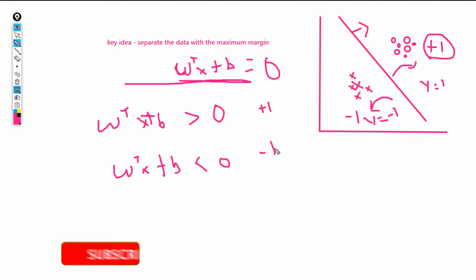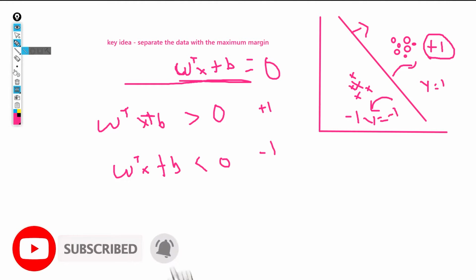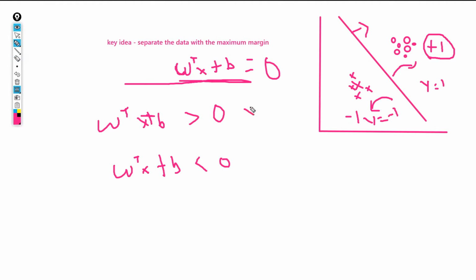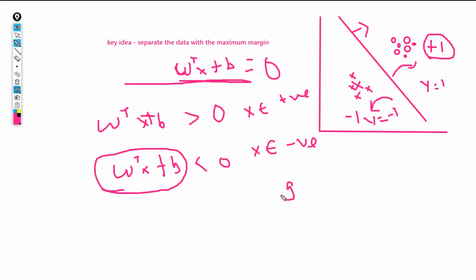If we have a value greater than 0, it means that our x belongs to a positive class. And if it is less than 0, then it means that our x belongs to a negative class. Now we are going to pass this value into a function. Let's say that function is g. We pass w transpose x plus b into it, and this function is going to give us the main output that we want.